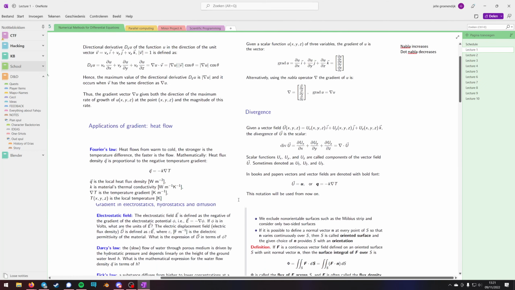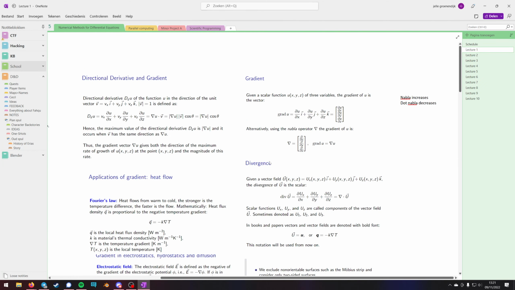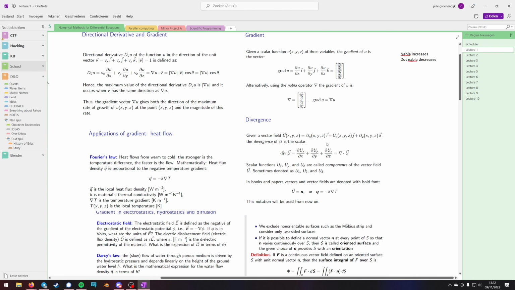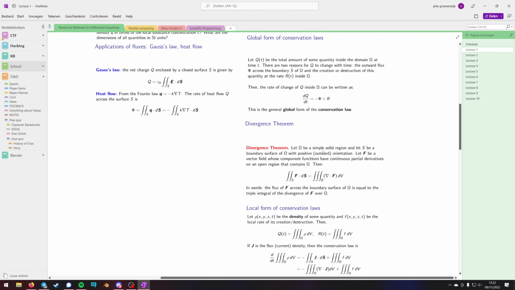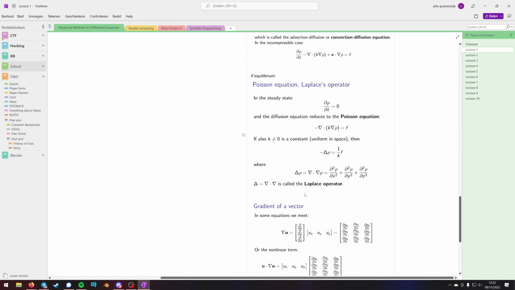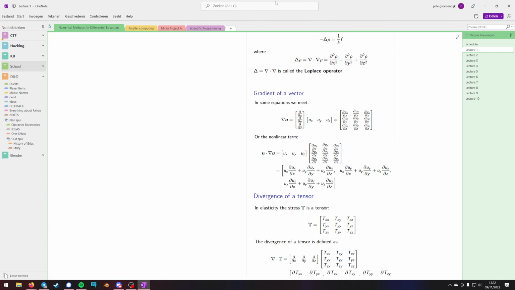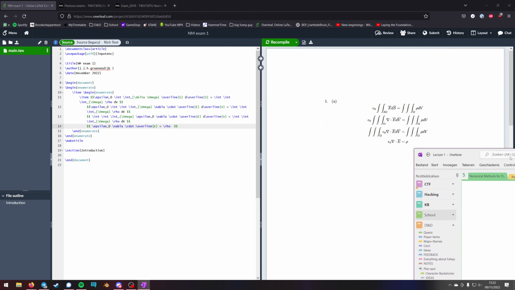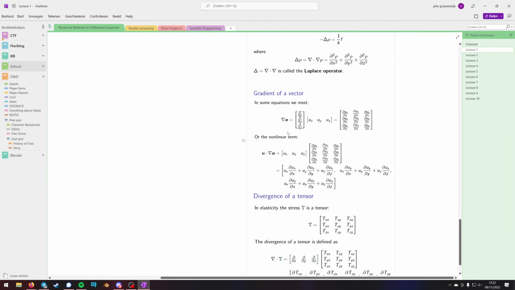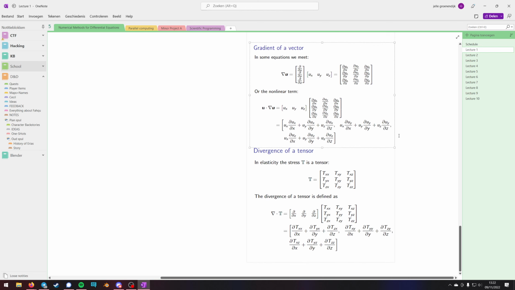No, that is the delta. This is when you have nabla squared. So nabla u, nabla times a vector, is the gradient, the transpose of a vector, and it becomes this thing.